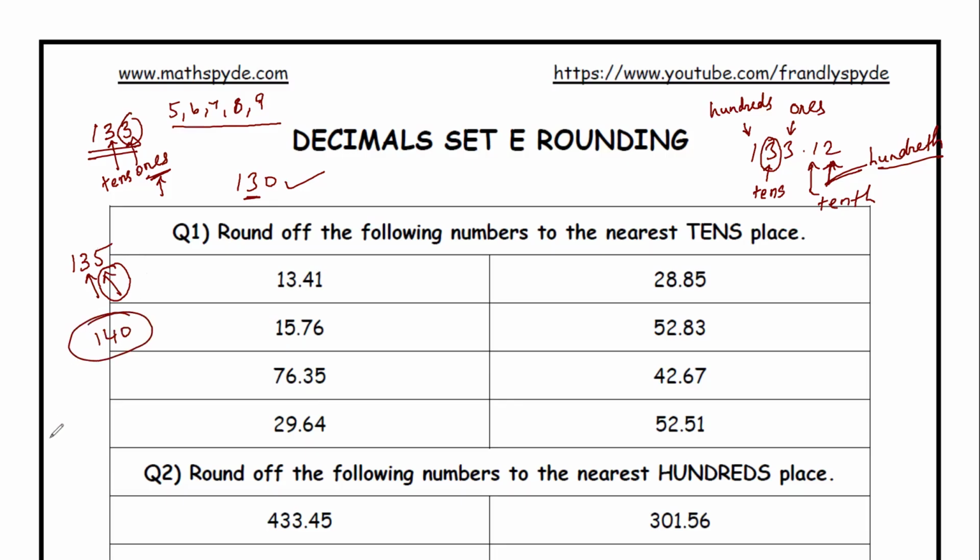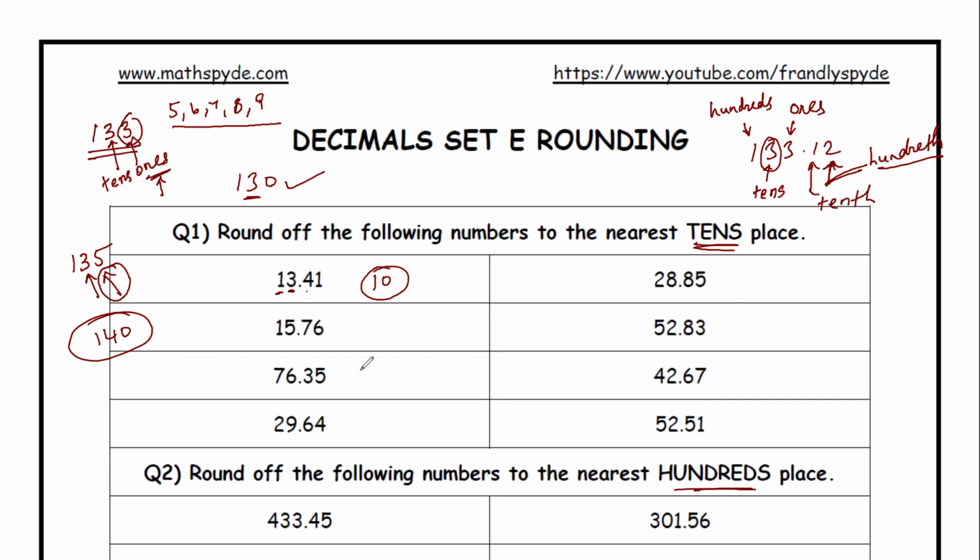Understood this part? Let's take this exercise now, tens place, because the next one is hundreds place. So 13.41. This is the ones place and this is the tens place. The ones place is 3, so this one is going to be 10, not 10.41.